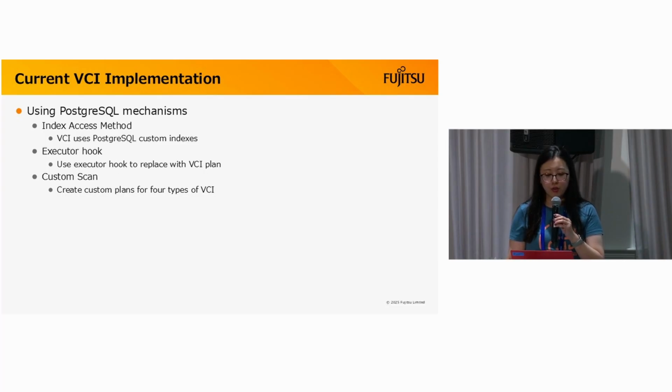It also replaces the scan execution plan with the VCI plan by using the existing executor hook. And we use the Postgres custom scan facility to implement 4 different scans that use VCI.